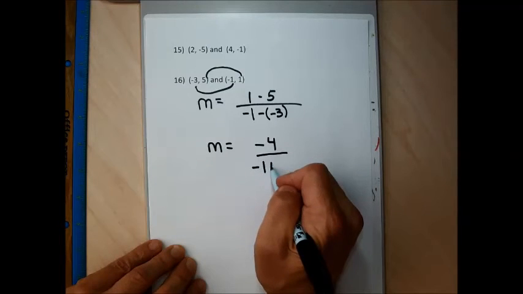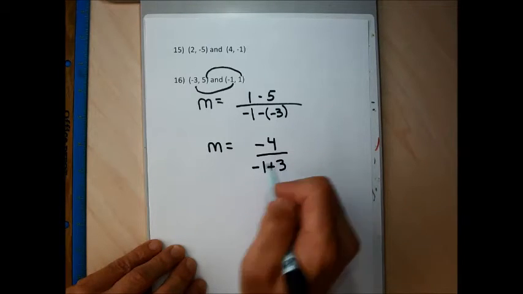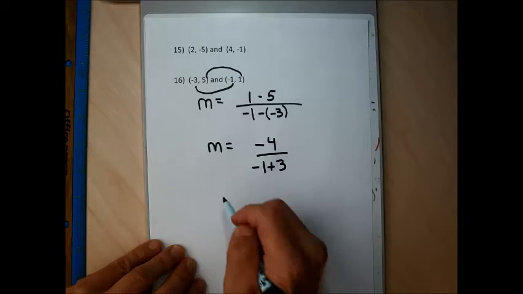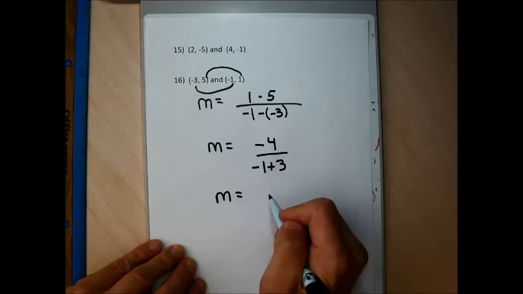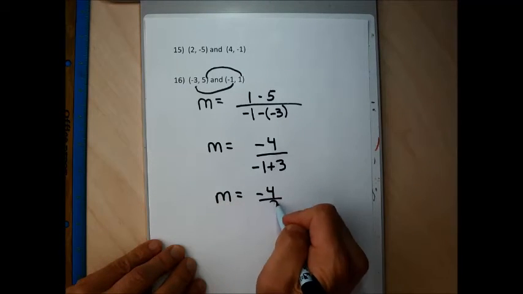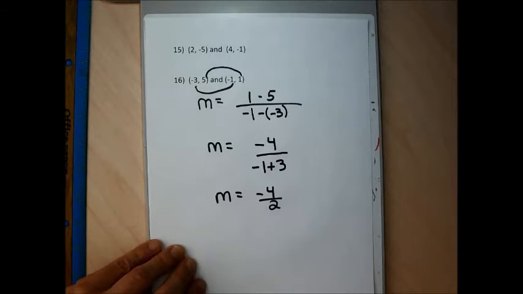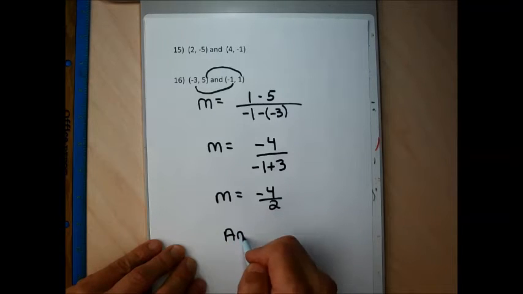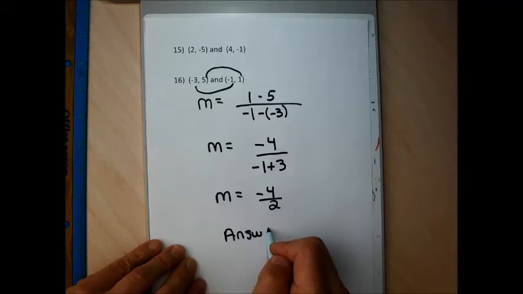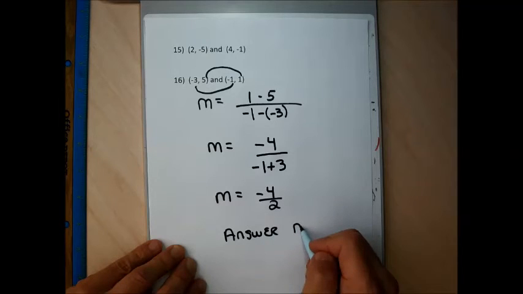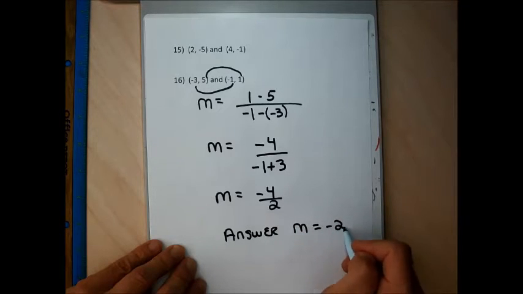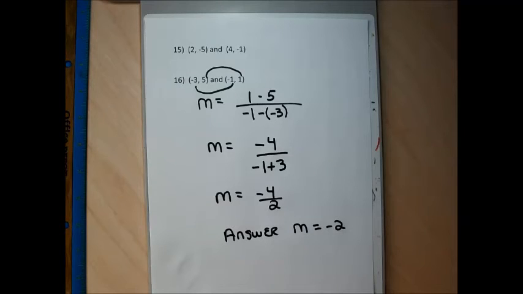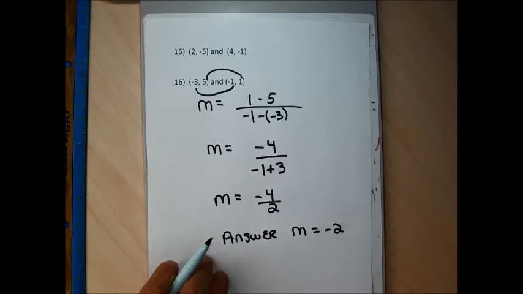In the denominator, negative 1 minus a negative 3 reduces to negative 1 plus 3. That gives me m equals negative 4 over 2. And my answer for problem 16, the slope of the line between the 2 points that are given, is negative 2. So you should be able to do 15.